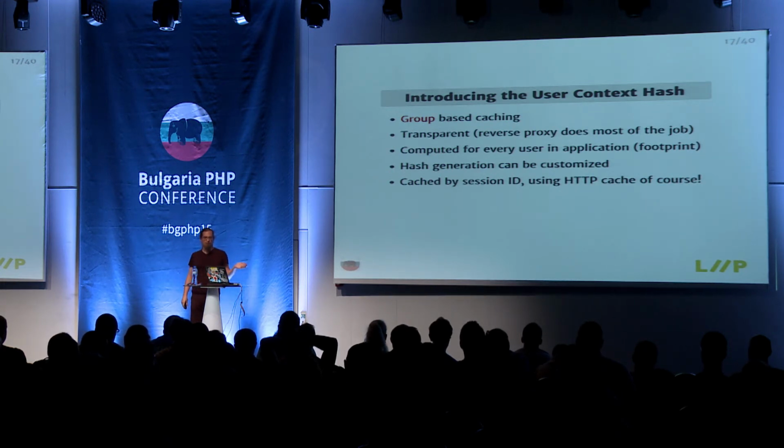What's quite cool, if you have an existing application, it is transparent for your application. You don't need to change all the logic, all the permission logic in the application, because the caching proxy is helping you.